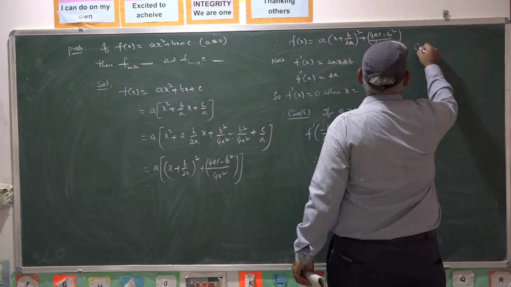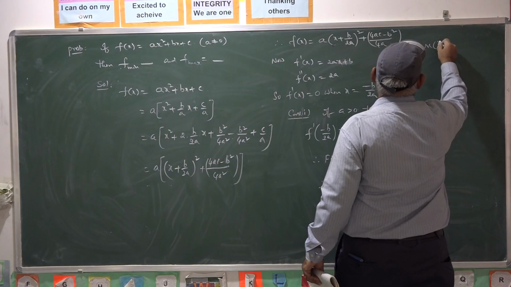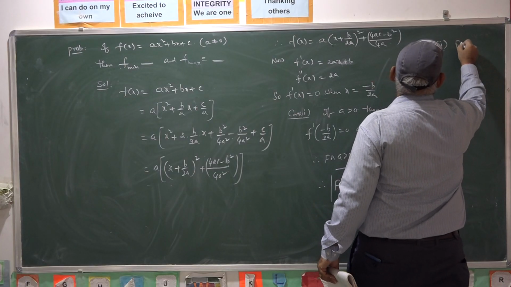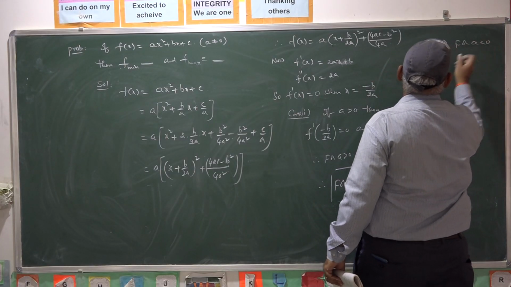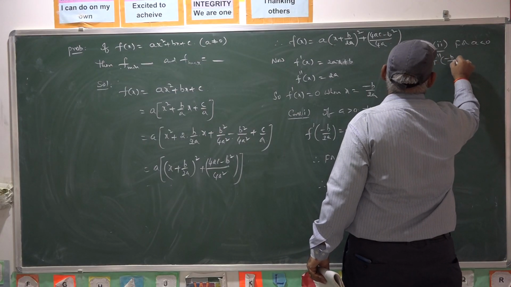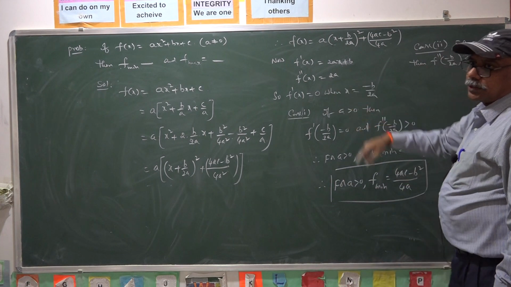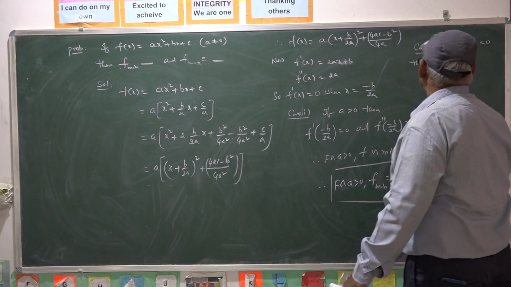Similarly, in case 2, for a less than 0, f'' at −b/2a is negative, because f'' is 2a, which is negative.